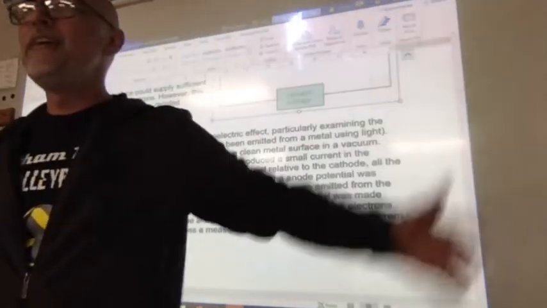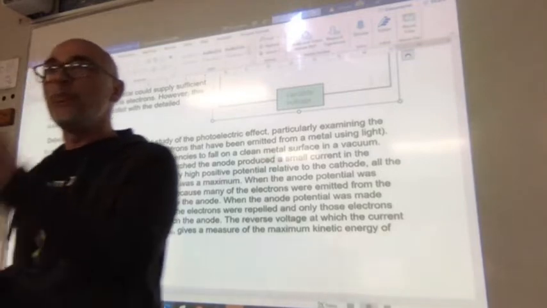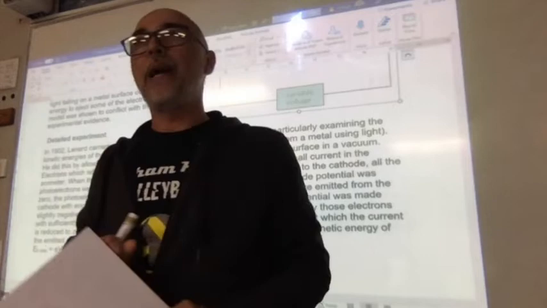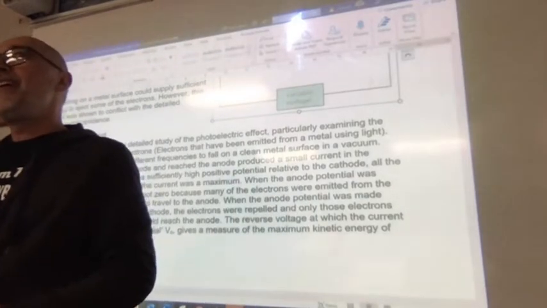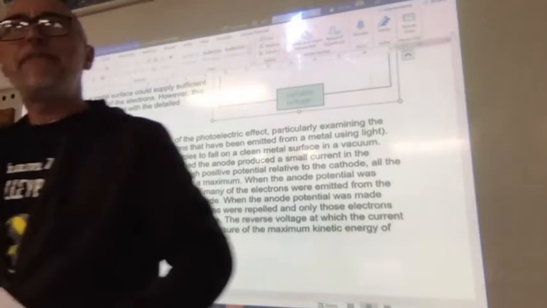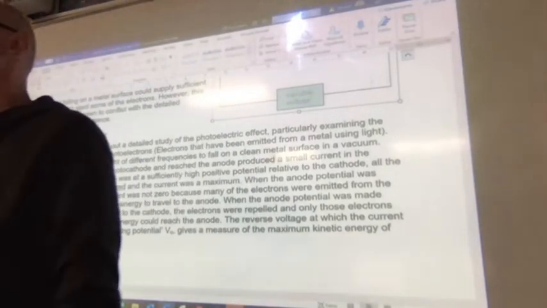That's a wave. But the problem was, when you were illuminating a metal with light, a few weird little results popped up. If I just shine intense light on the metal, eventually electrons should pop off. But they don't.